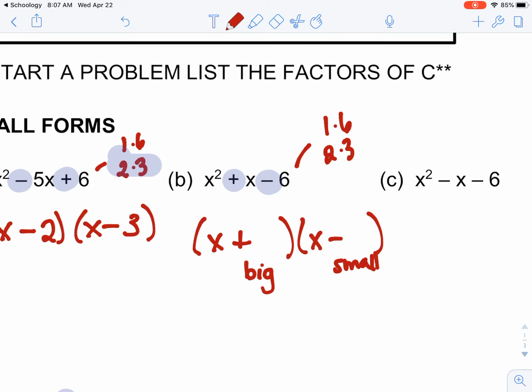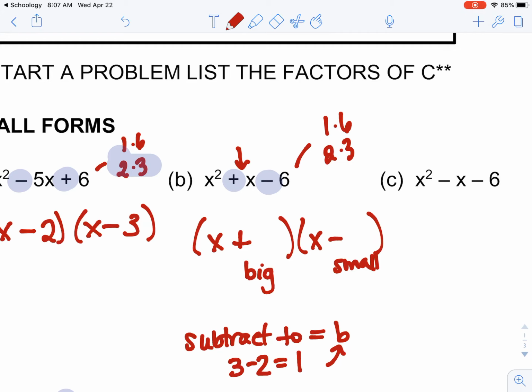And now they have to subtract to equal b. Okay, so they have to subtract in this example. So if I have 3 minus 2, that equals 1, right? And that is b. So b here is 1. So I'm going to put the big number first, 3, and the small number second, 2.